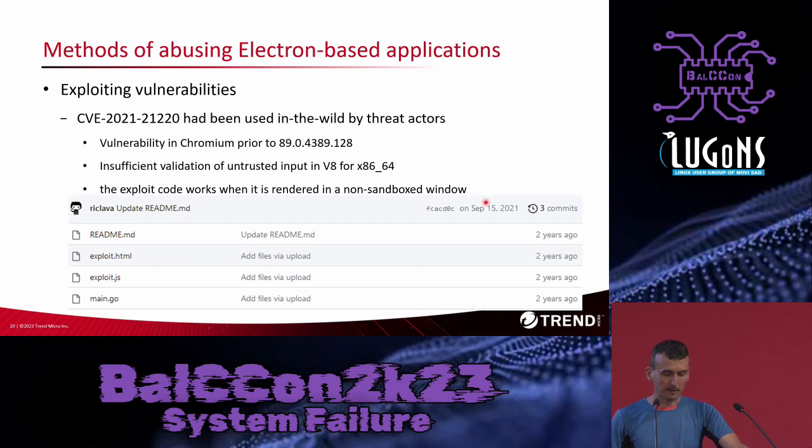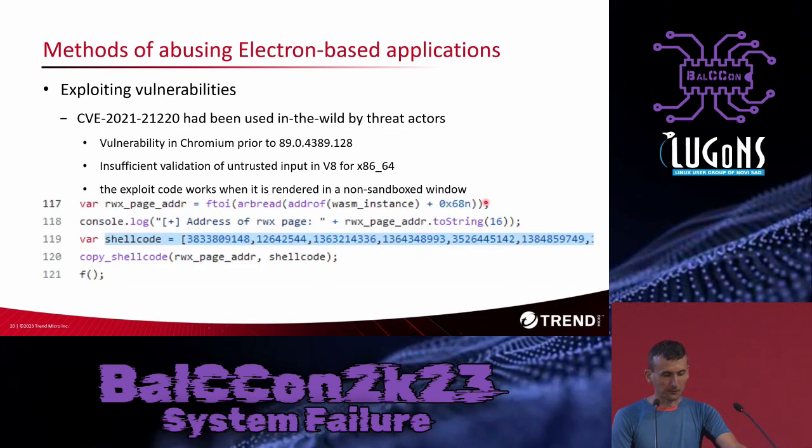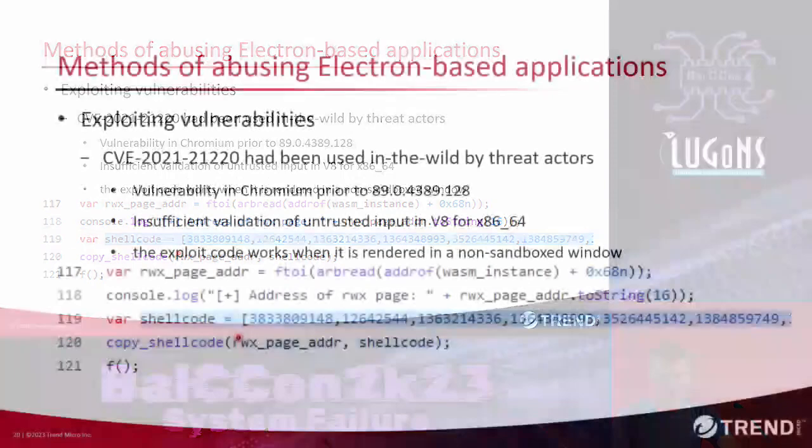Of course, this exploit is easily available on GitHub, for example. So if a threat actor or any researcher wants to see how it works, you can just search for it, get the source code, find this shellcode variable, modify it, and use it for yourself.